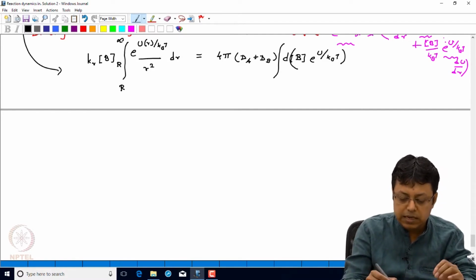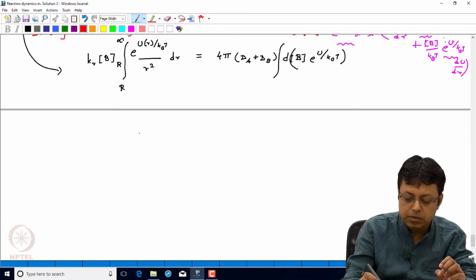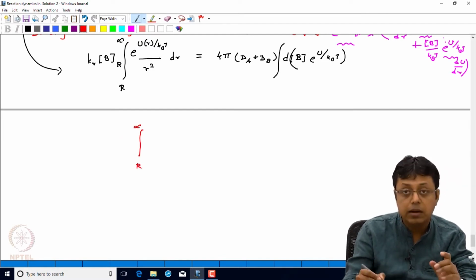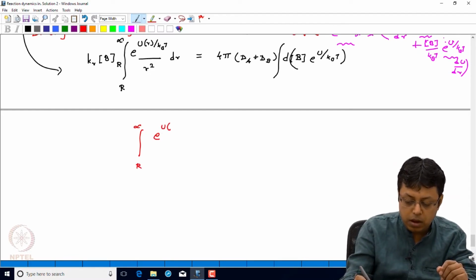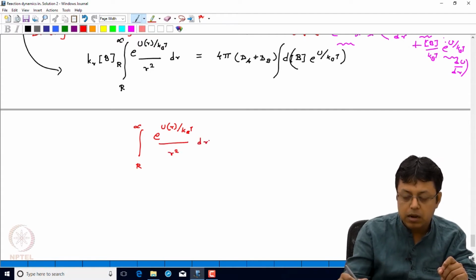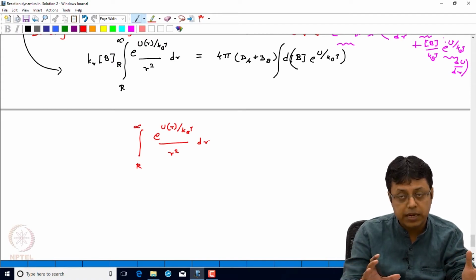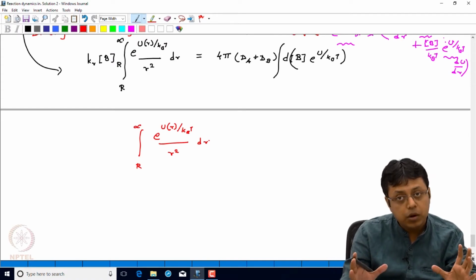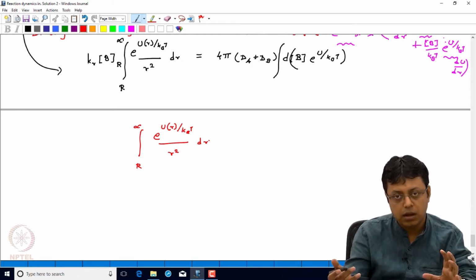So this integration, I'm defining it to be a new quantity. Suppose I call this integration, integral from capital R to infinity, e to the power u(r) by kBt divided by r square dr. Remember that it depends on the nature of the potential energy we just wrote, but we do not know the explicit form of u, how it varies with small r.